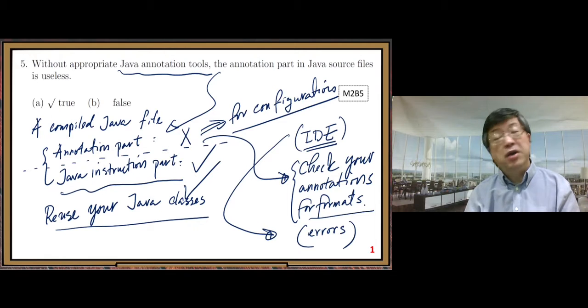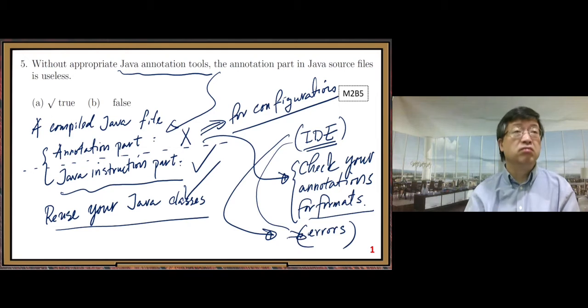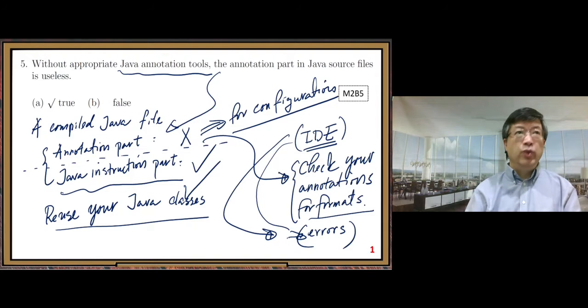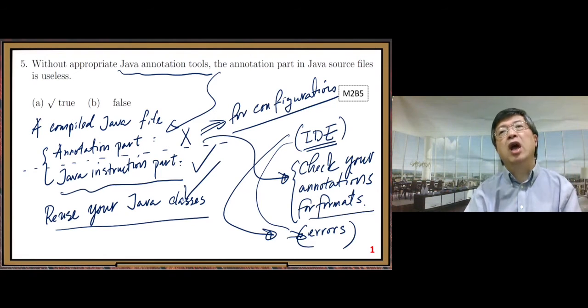When that happens, can you ignore the annotation part, right? So it's possible you can ignore the annotation part. If you ignore that, that means even when your IDE complains with annotation errors, you may just ignore it. Okay? Yeah. So that's the reason. Yeah. So we treat the annotation part and the Java instruction part separately and differently in real-world applications.